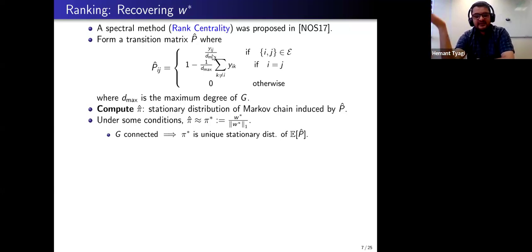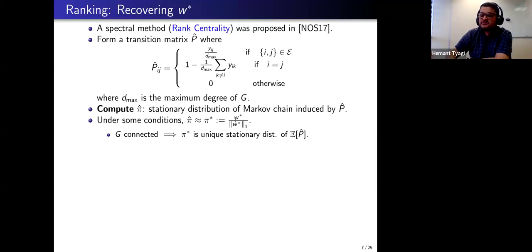And so if this is the case, then you would maybe expect intuitively that, okay, if pi star is the stationary distribution of the population matrix, but I observe not the population matrix, but the empirical version of the matrix, then perhaps P hat will concentrate around expectation of P hat, so maybe pi hat will also concentrate around pi star. And again, just as a sanity check, note that we are going to estimate pi star, right?